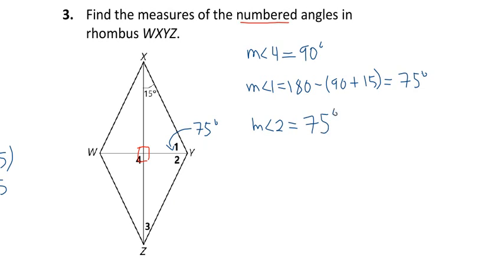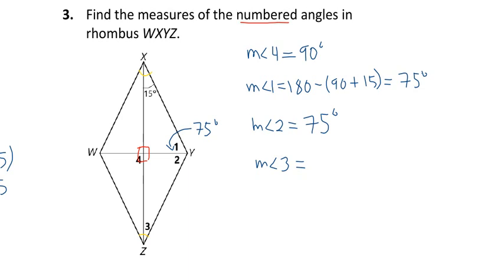And finally, the measure of angle 3. Now here we have opposite angles, and in a parallelogram, opposite angles are congruent. So this one is congruent to this one. And because it is a rhombus, the angles are being bisected by the diagonal.